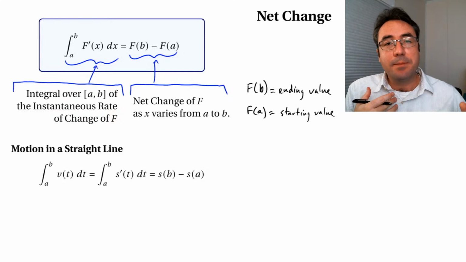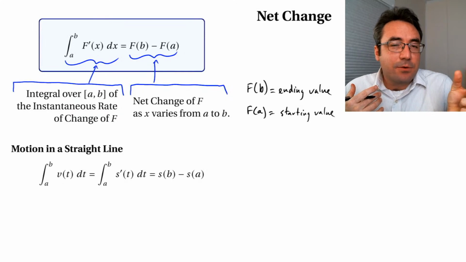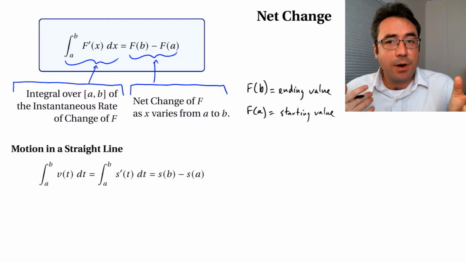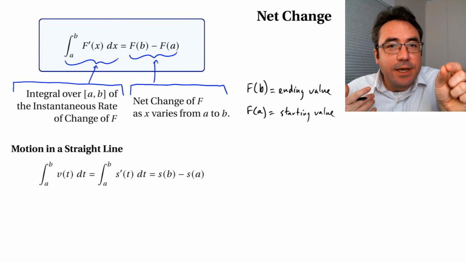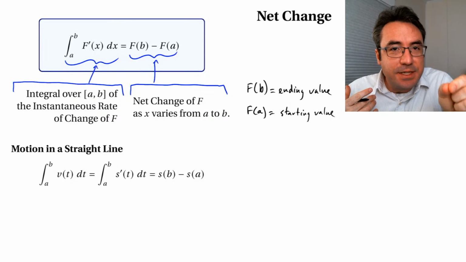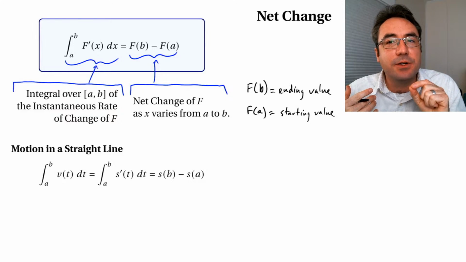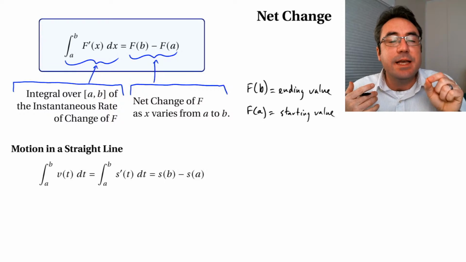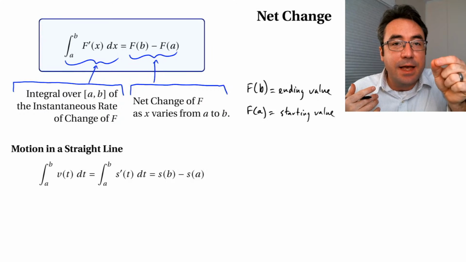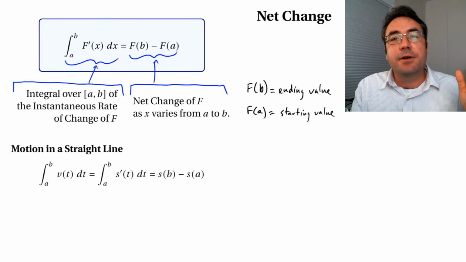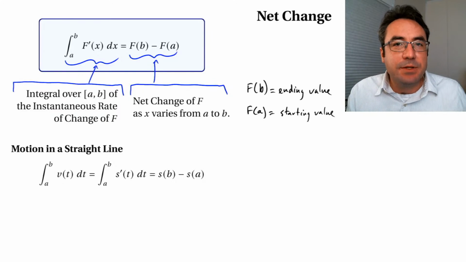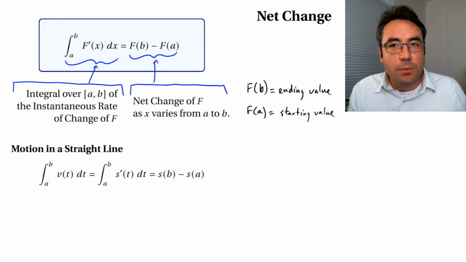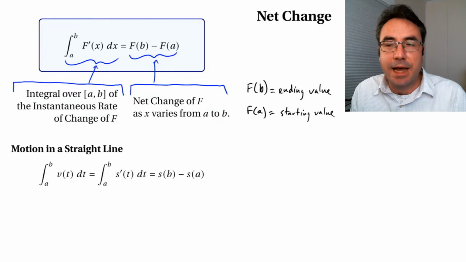On the left side, going back, the integral of f prime, what that's doing is it's saying, let's look at all these tiny little changes, all these instantaneous changes of our function. And that's what f prime is doing, it's looking at all these tiny little instantaneous changes of f. And let's put them all together and see what happens, kind of big picture, what happens overall to our function f.